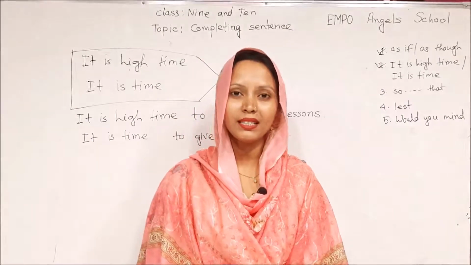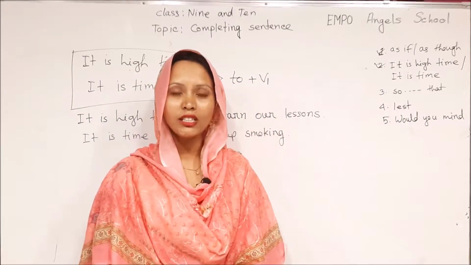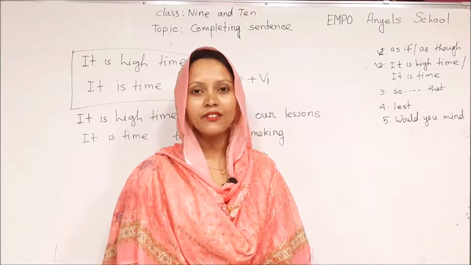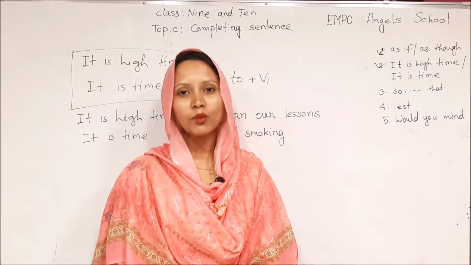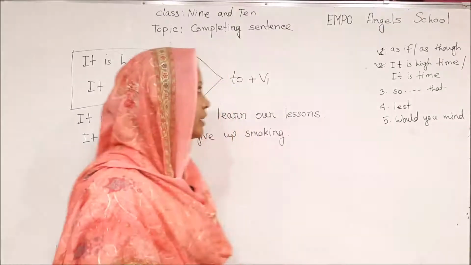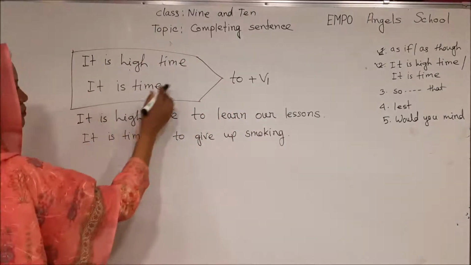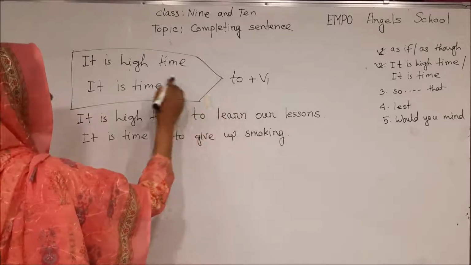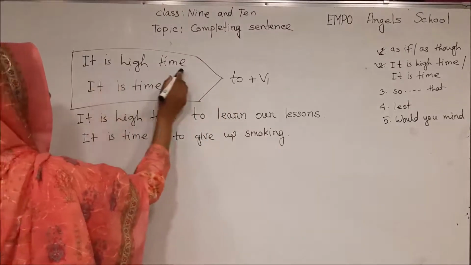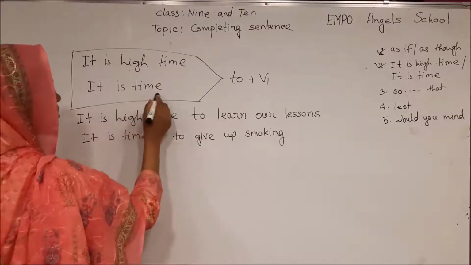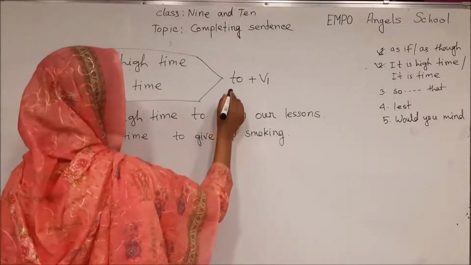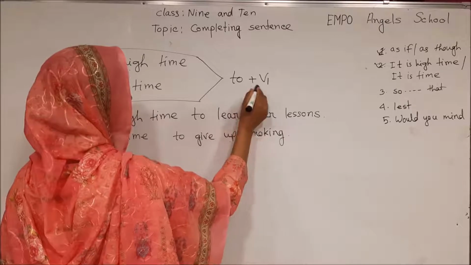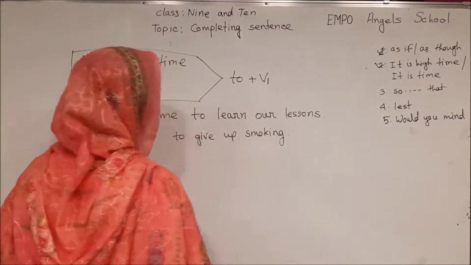Again, dear students, if you don't have any subject after it is high time or it is time, then you have to complete the sentence following the structure. Here, students, you can see after it is high time or it is time, we don't have any subject. Then we have to take to and then verb one. Have a look, students.